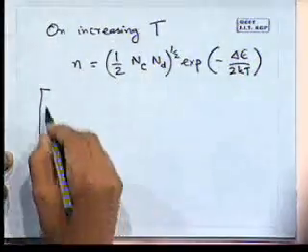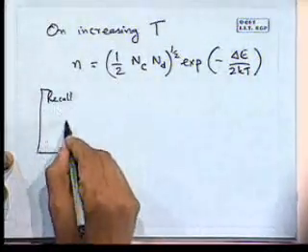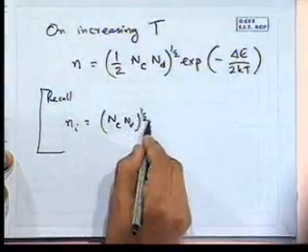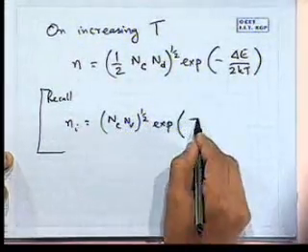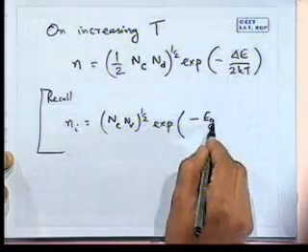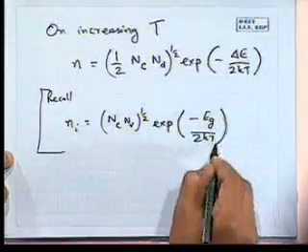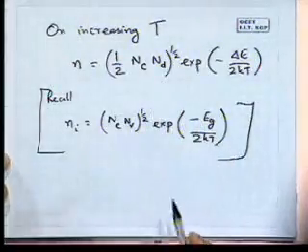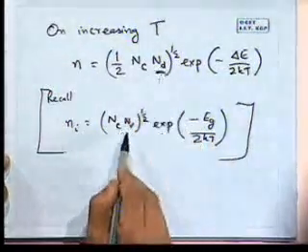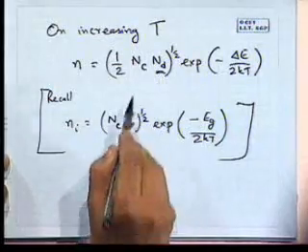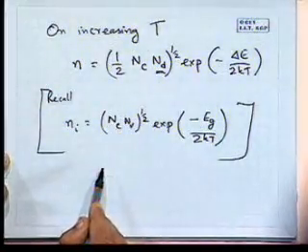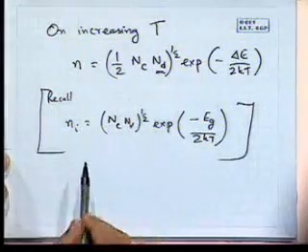As an aside, recall the intrinsic equation that Ni is equal to Nc Nv to the power half, exponential what? Eg by 2kT. We had this, right? And you can compare these two to get a feel for the major differences, being that we are using Nd instead of Nv, because it is the number of electrons that are sitting in the donor level that counts here, not the density of states in the valence band, because we are exciting from the donor level.